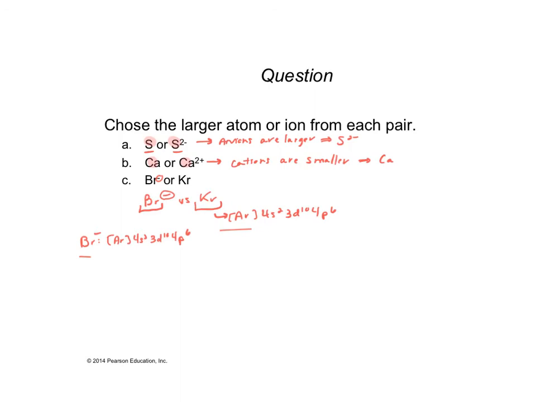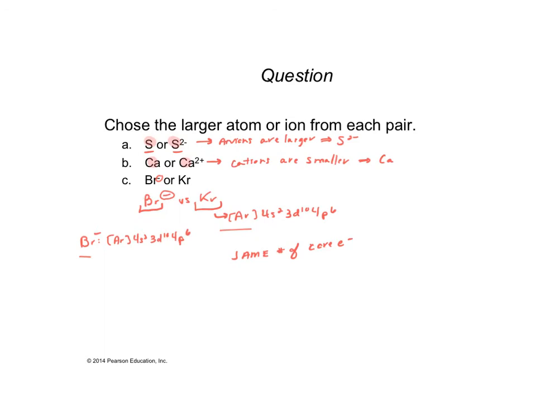So if we think about radius and what's going to affect radius, both of these, since they have the exact same electron configuration, have the same number of core electrons. If they have the same number of core electrons, how do krypton and bromine 1 minus differ with respect to one another?